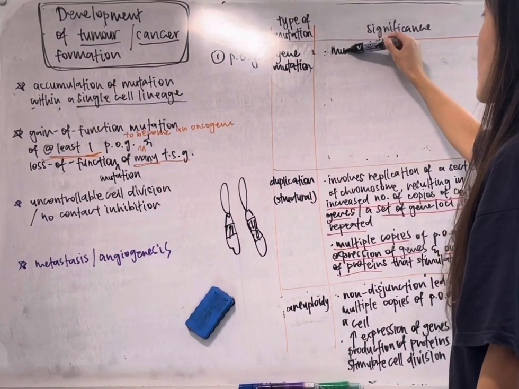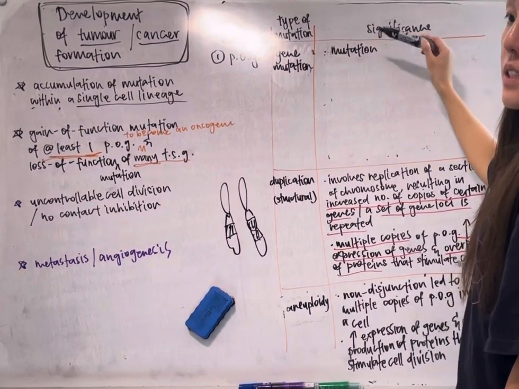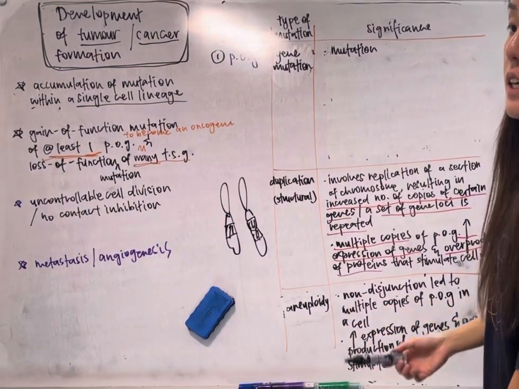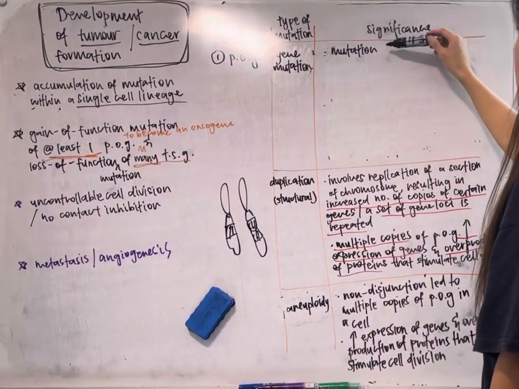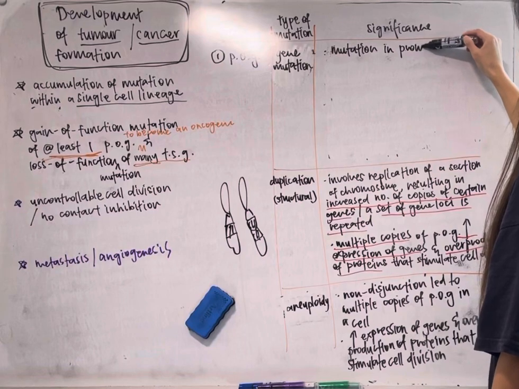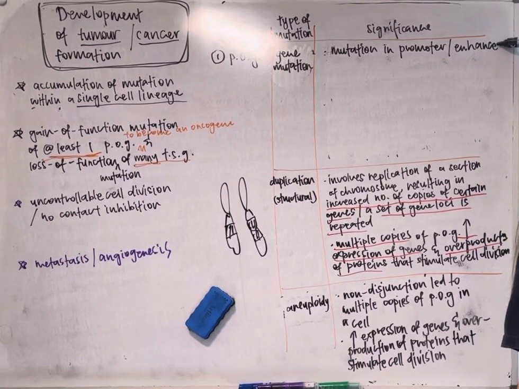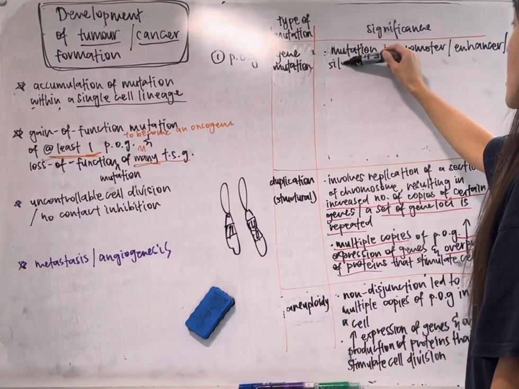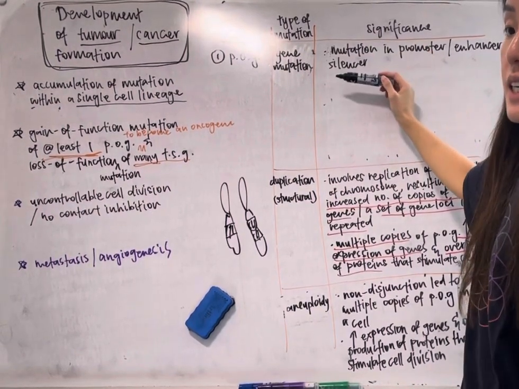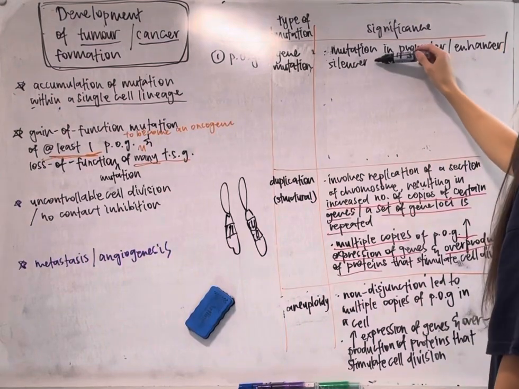Number one, mutation in the enhancer, silencer or promoter. How can this lead to formation of an oncogene? Ashley? Increased expression of your proto-oncogene. So the idea is that you want to increase expression.